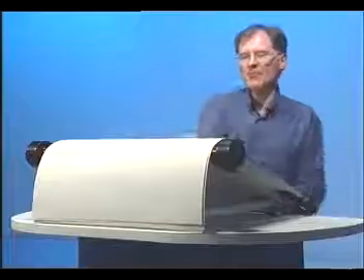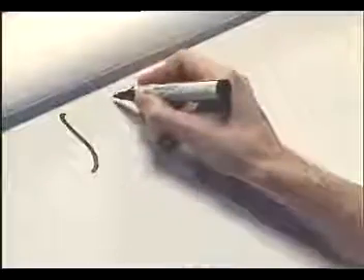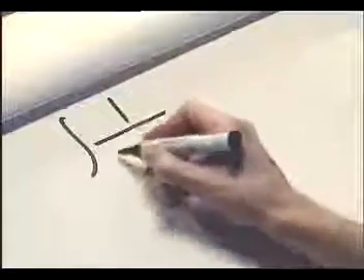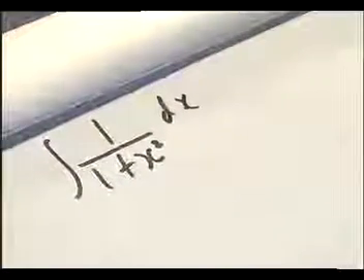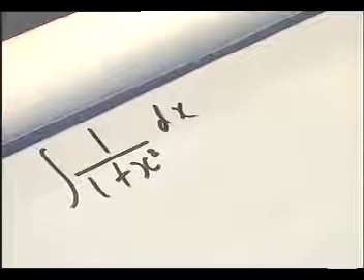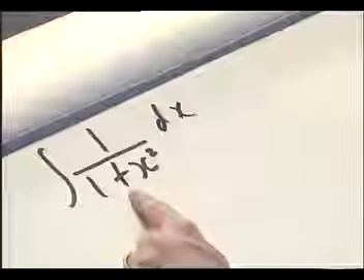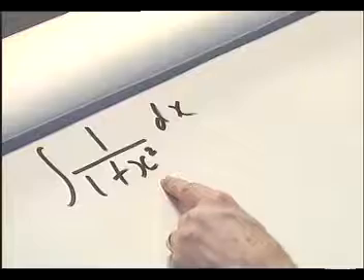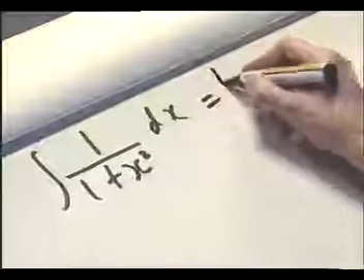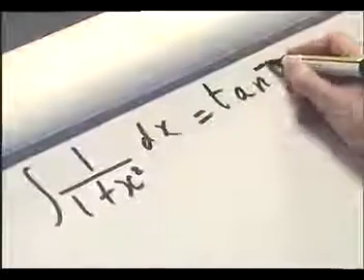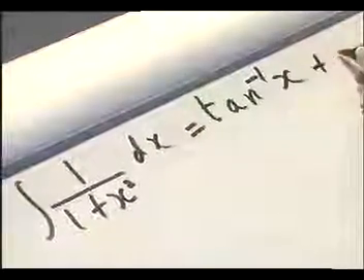The other inverse trig function that we met was tan to the minus 1. And the derivative of tan to the minus 1 of x was this function, 1 over 1 plus x squared. So if we want to integrate 1 over 1 plus x squared, the answer must be tan to the minus 1 of x plus c.